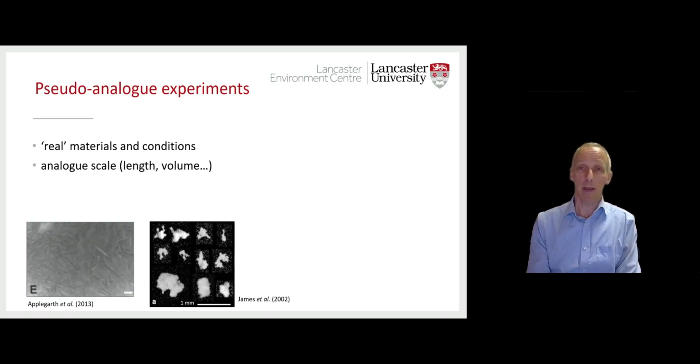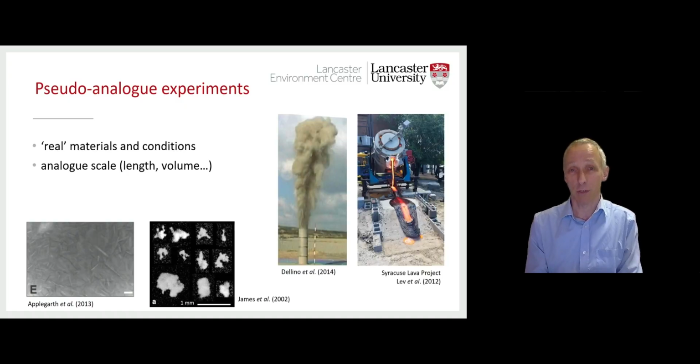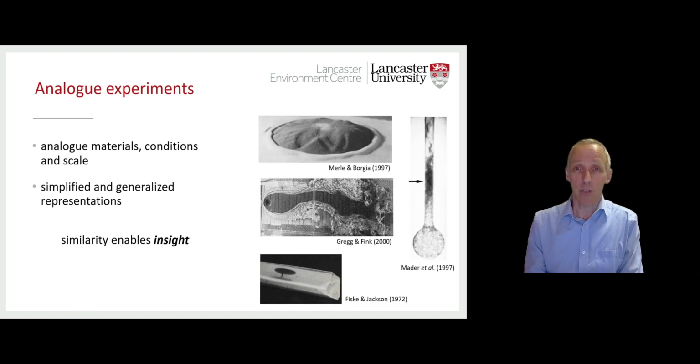Consequently, it's not usually feasible to carry out large numbers of experiments like this in order to explore a wide range of parameter space. So the second category of analogue experiments, which can be considered as fully analogue, are those in which the materials, the conditions and the scale are all analogues of the volcanic system.